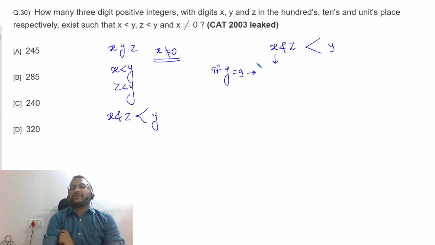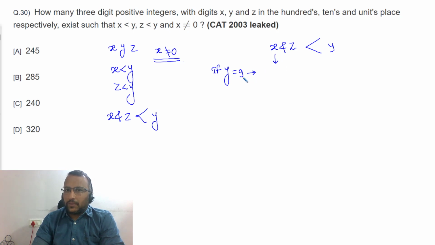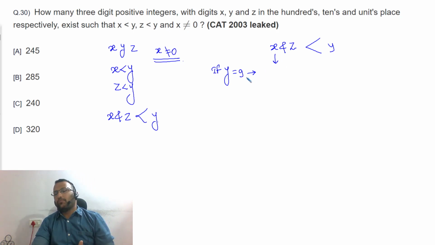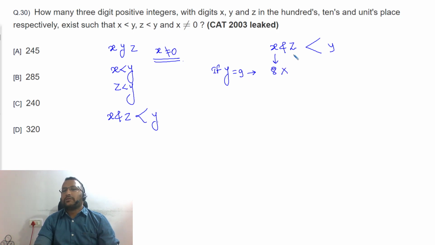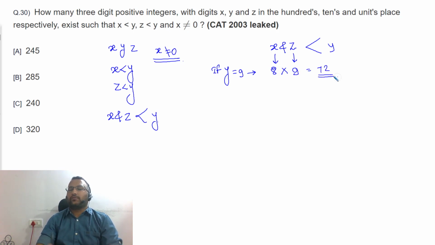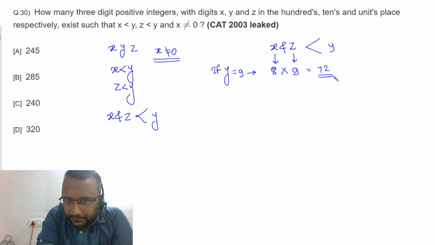The value of x cannot be 0, and it has to be less than 9. So the possible values of x are 1 to 8, there are 8 choices. The value of z can be 0, so z is 0 to 8, there are 9 choices. So 72 combinations are possible if y is equal to 9.